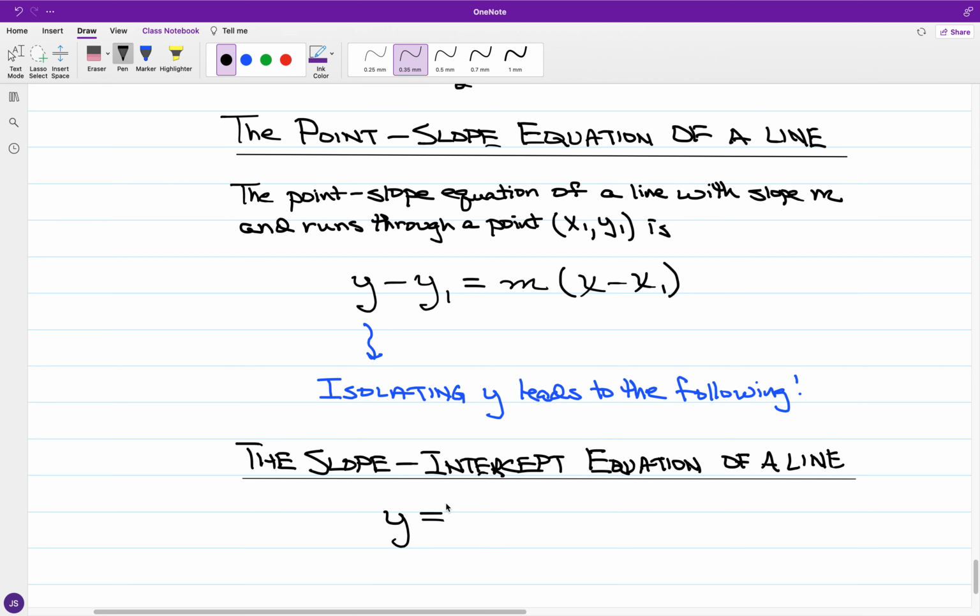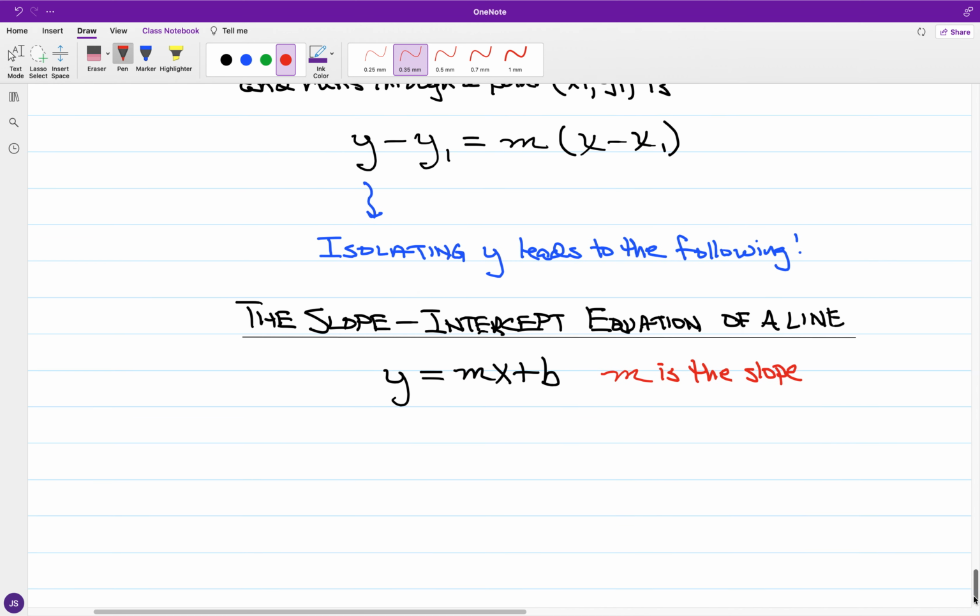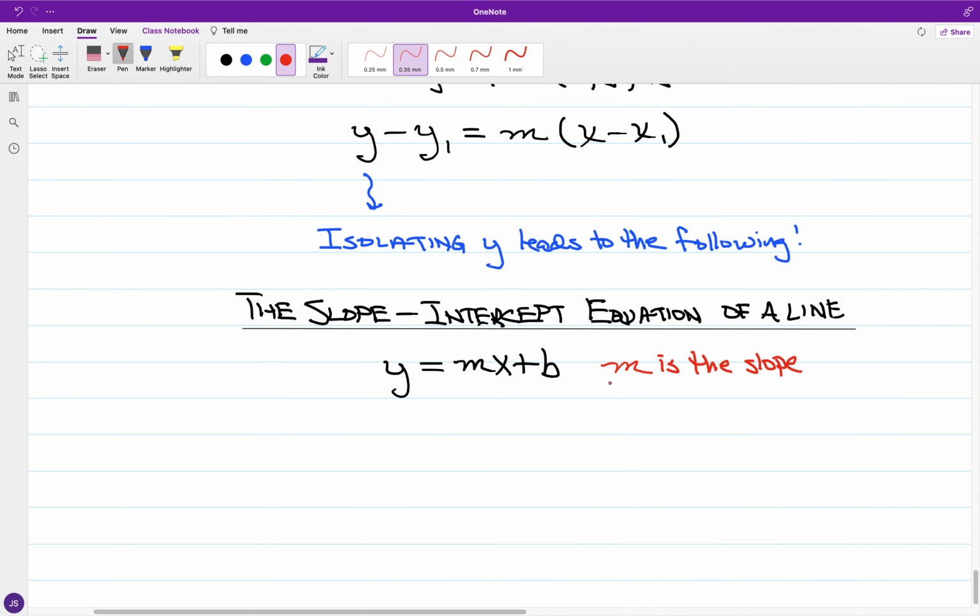We have that y is equal to m times x plus b. Regarding the characters, m is going to be the slope. Now the intercept is in reference to the y-intercept, and this is where the constant b comes in. There are two ways you could express the y-intercept.